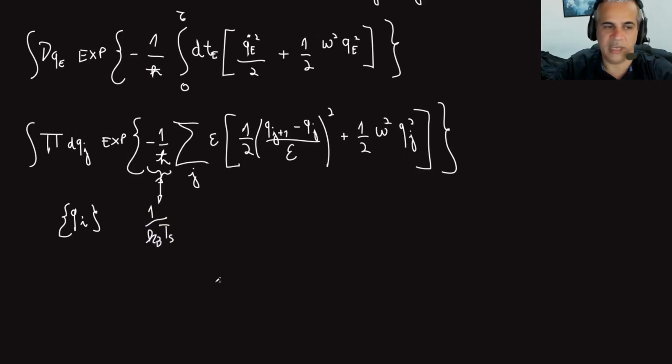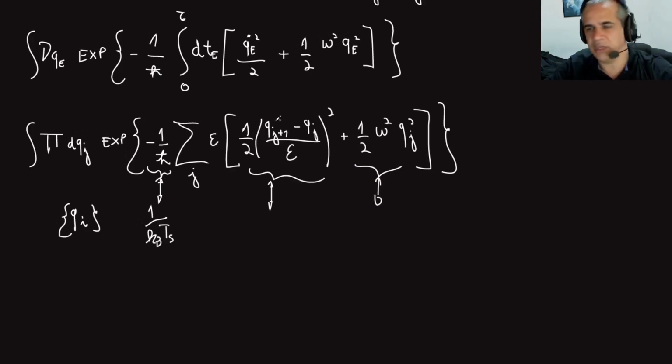This I can again identify as 1 over, I'll call this T_S. It's yet another analogy that I'm making here. We'll soon see what temperature this is, but I can identify this as a temperature, and this is the total energy of the system. So you see there's a coupling term here between near neighbors that makes it smaller if they are close to each other, and there is the energy of a harmonic oscillator too.